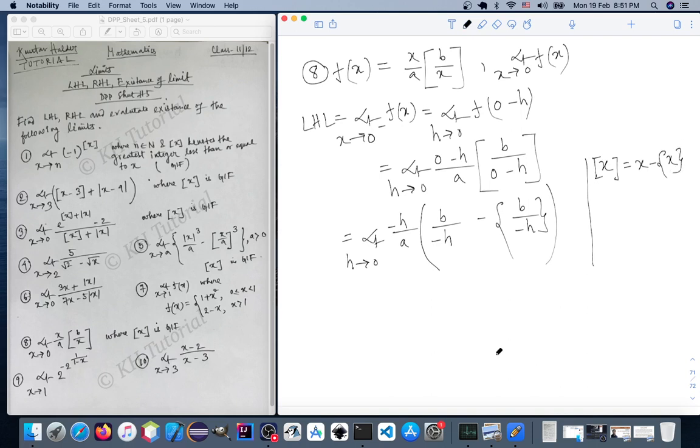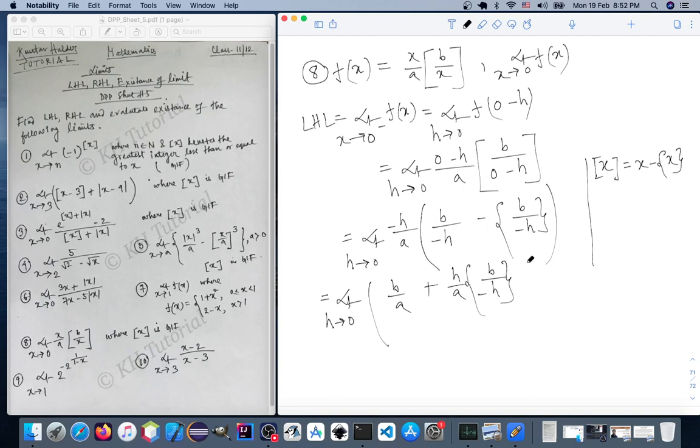We know this formula, so we have applied that. In our case, the x is b by minus h. So if we remove the box, we get b by minus h minus fractional part of b by minus h. Now, if I bring the minus h by a inside, we get b by a plus h by a into fractional part of b by minus h.